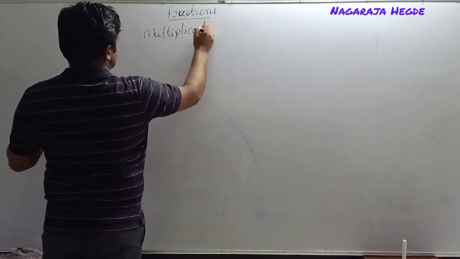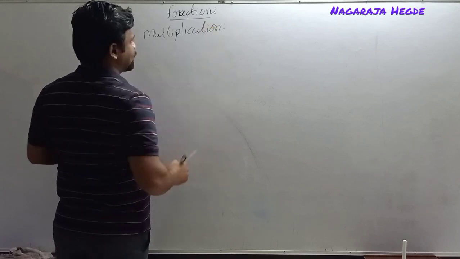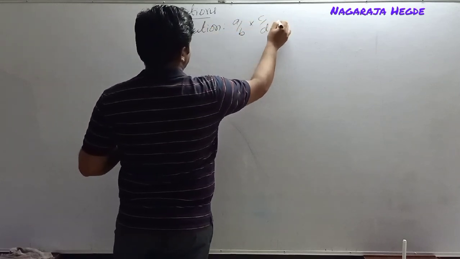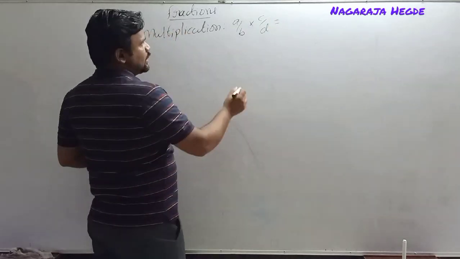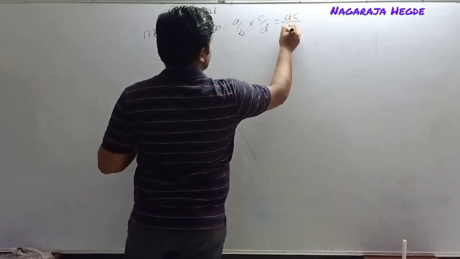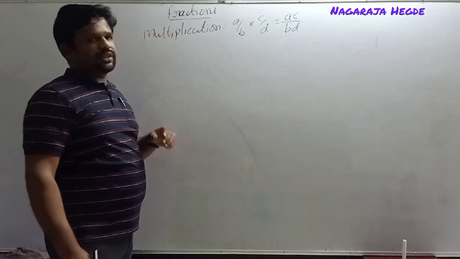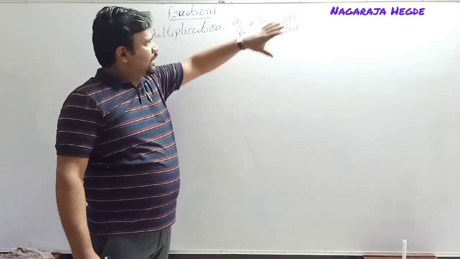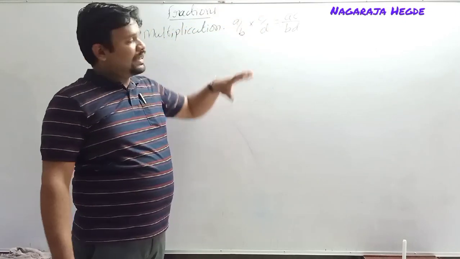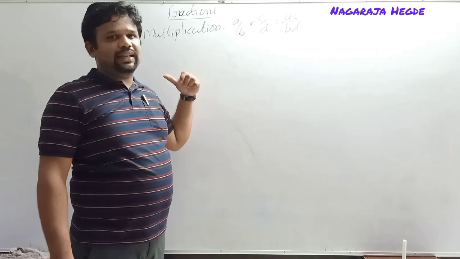Multiplication of fractions. If you have a by b into c by d, how to multiply these two? Here we are going to multiply the numerators and denominators directly without any condition. Directly we can multiply the numerators and we can multiply the denominators. And this concept is not applicable in addition.